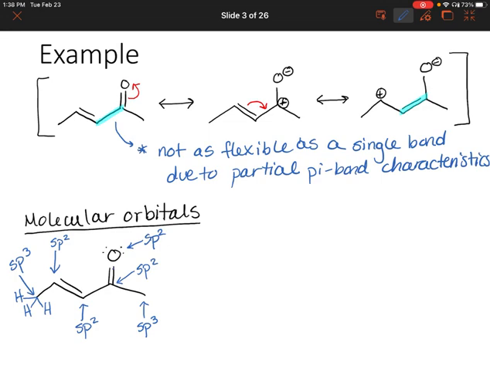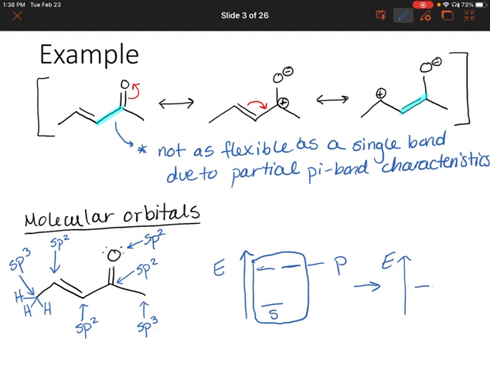Okay. So what does that mean for this molecule? Well, remember, when we hybridize orbitals, we combine s and p orbitals. So for the sp2 hybridized orbitals, we're combining 1 s and 2 p orbitals.